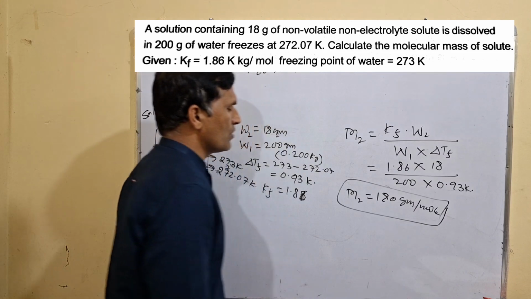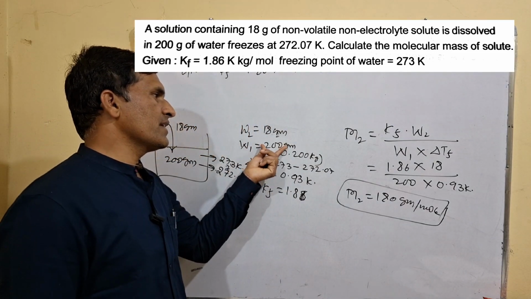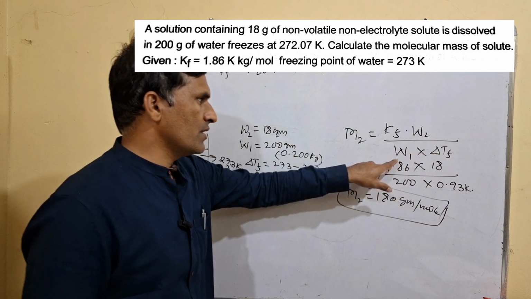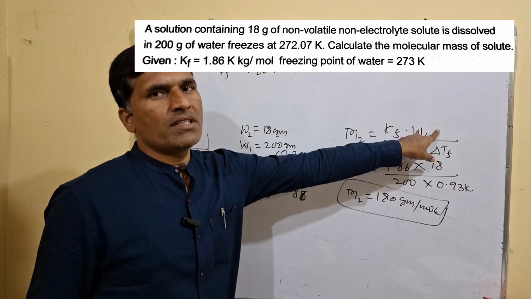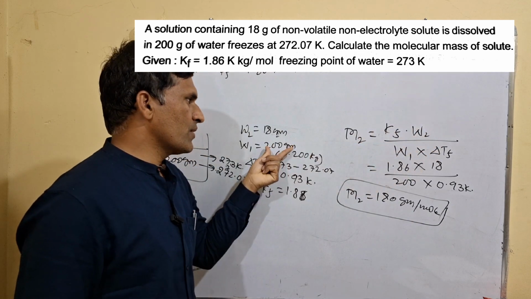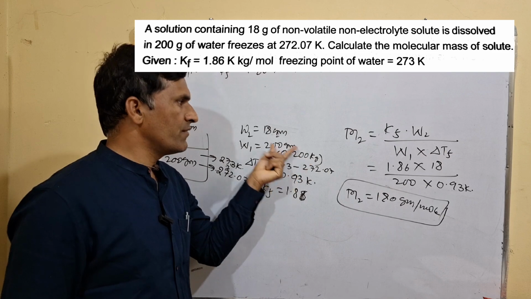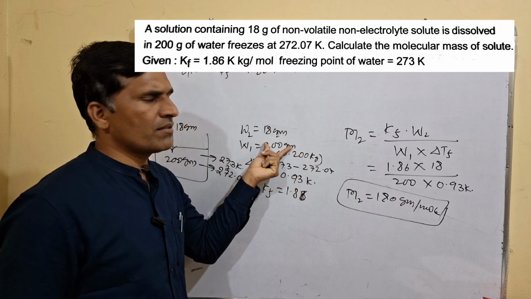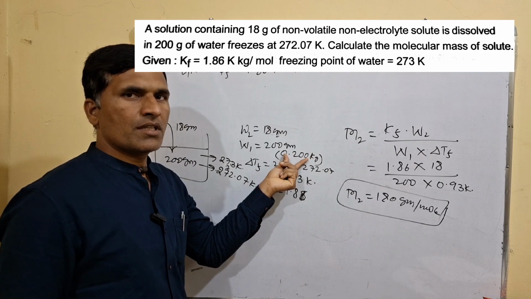One thing you should remember: in the textbook, if the weight of the solvent is taken in terms of grams, then they usually multiply with the 1000. If you convert here only, you can avoid the confusion. If it is given in kilograms, no need to convert. If it is given in grams, you have to convert it into kilograms.